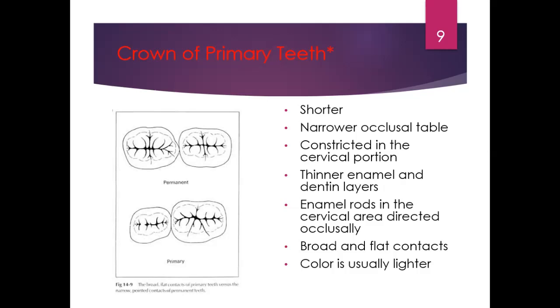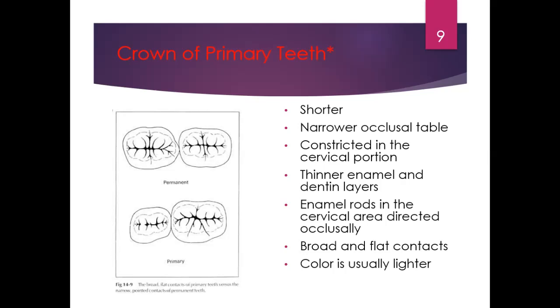So I compare it to when you are baking a batch of cookies in the oven. If you take them out early, they'll be a little bit whiter. If you leave them in a little bit longer, they start to get more browning and a darker look to them. So I compare permanent teeth to that second set of cookies that you leave in the oven a little bit longer. They're going to have that darker look to them.